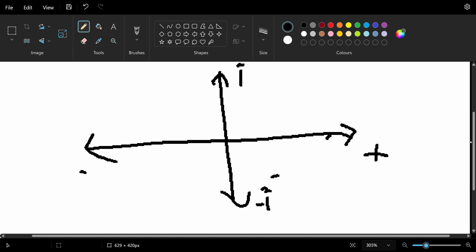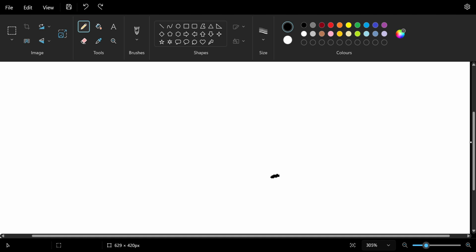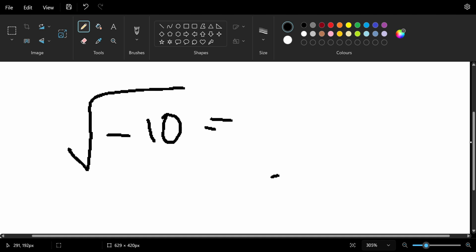So now, how can we express the square root of negative 10? How can we express that? Think about it. I'll give you that. Keep in mind that the square root of negative 1 is i. So it can be represented as the square root of 10 times i.